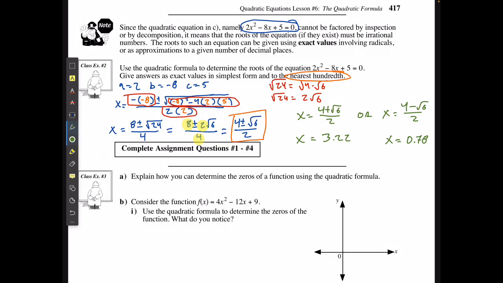And these are the rounded values. And I can double check these on my calculator. I could graph this function and get these same rounded values for the nearest hundredth. My calculator and graphing will not tell me what this simplified version of this is.